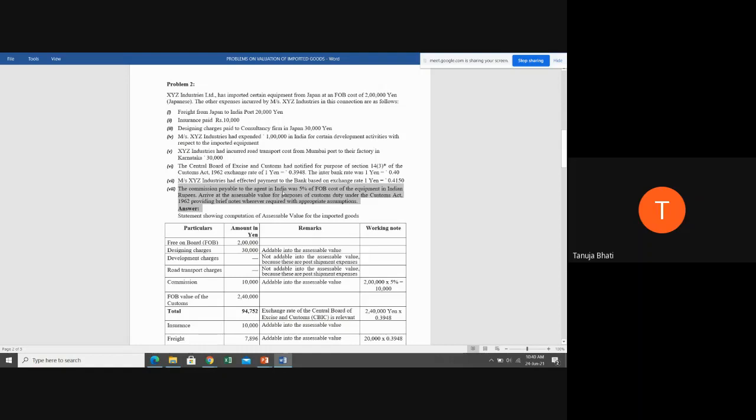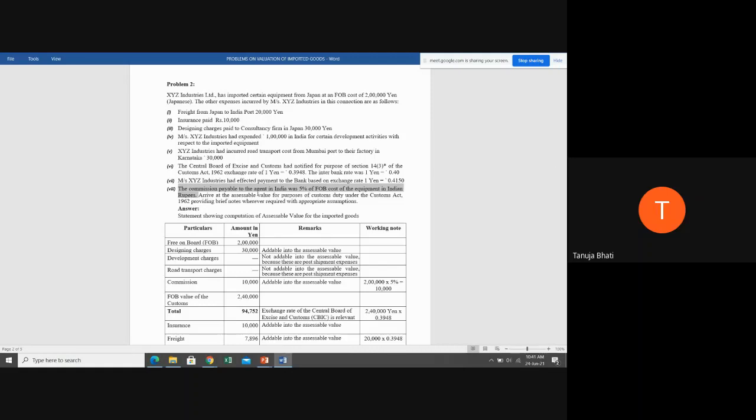Next, the commission payable to the agent in India was 5% of FOB cost of the equipment in Indian rupees. Arrive at the assessable value for the purpose of customs duty under the Customs Act. So they are asking how to find out the assessable value. All these expenses are incurred by XYZ Industries. Should the commission be added or what should be done with this 5%?